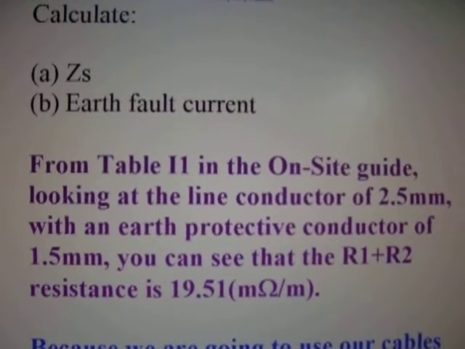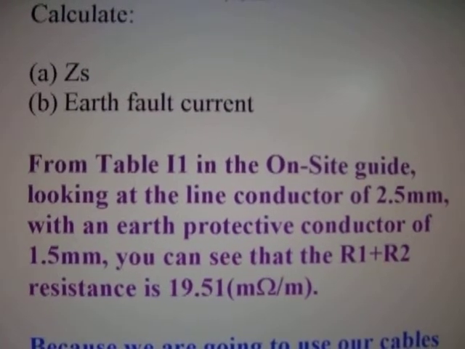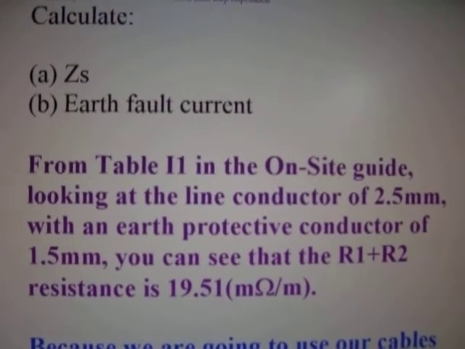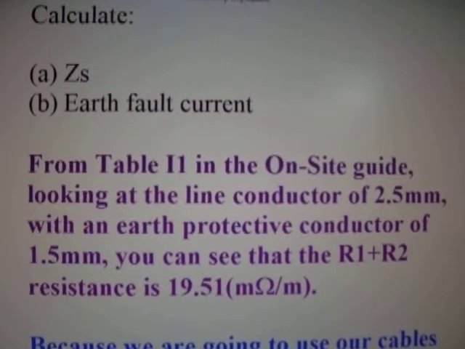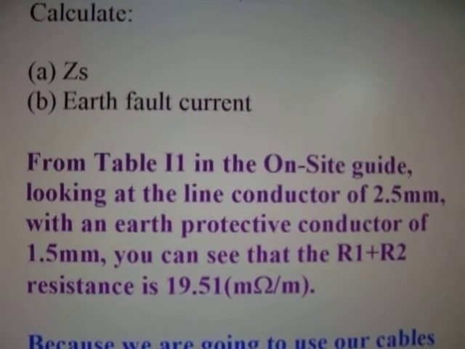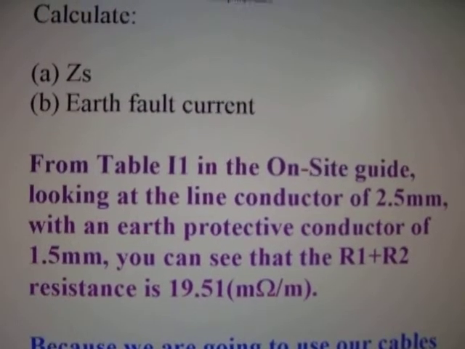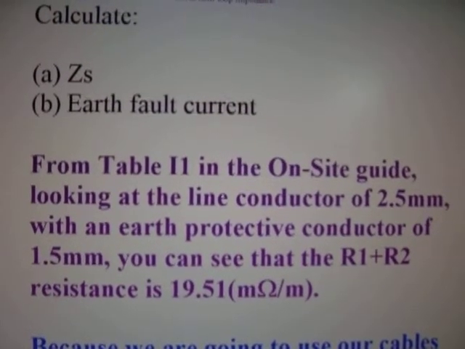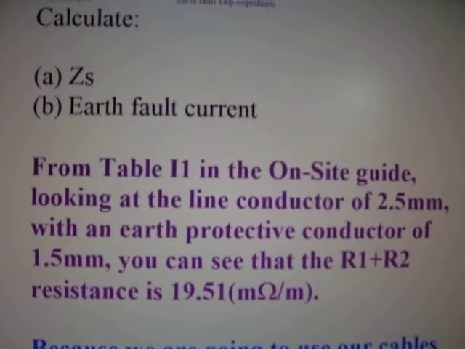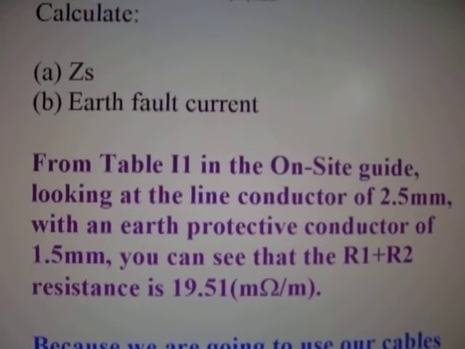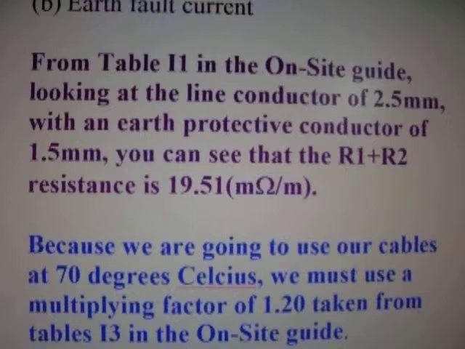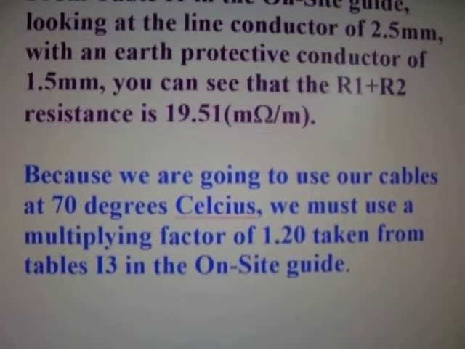Now from table I1 in the on-site guide, looking at the line conductor of 2.5 millimeters with an earth protective conductor of 1.5 millimeters, you can see that the R1 plus R2 resistance is 19.51 ohms per meter.